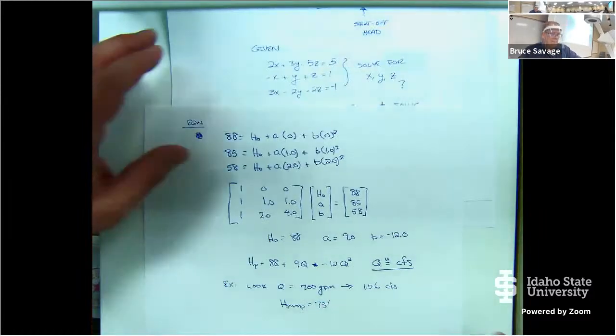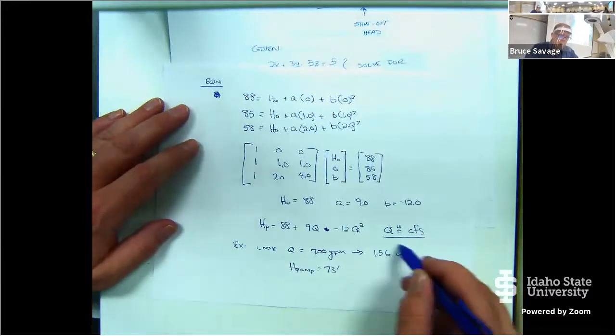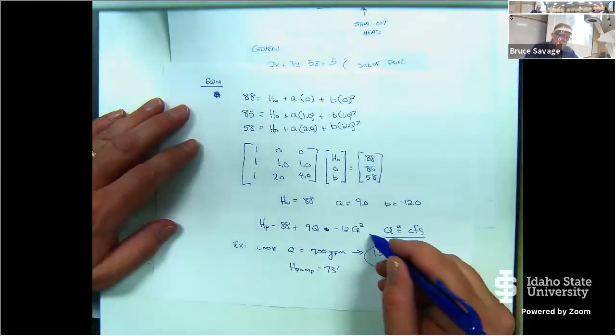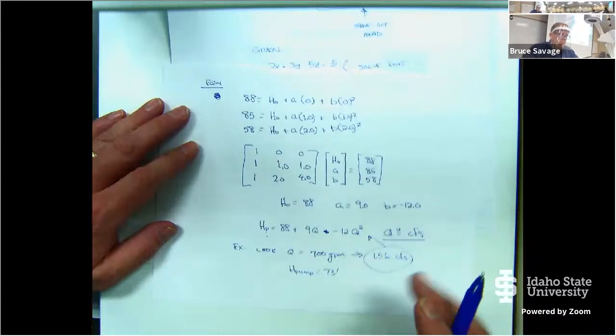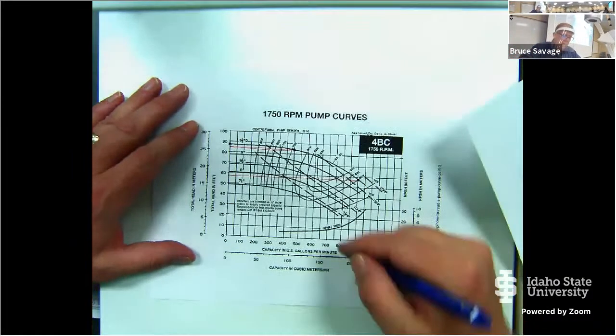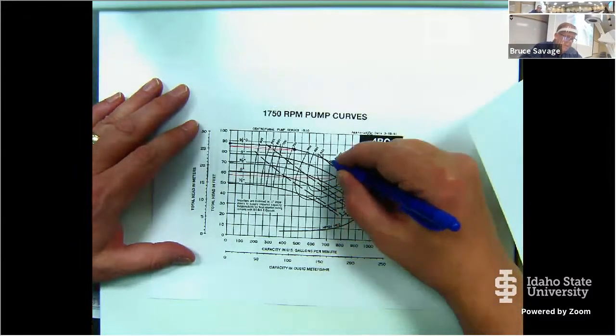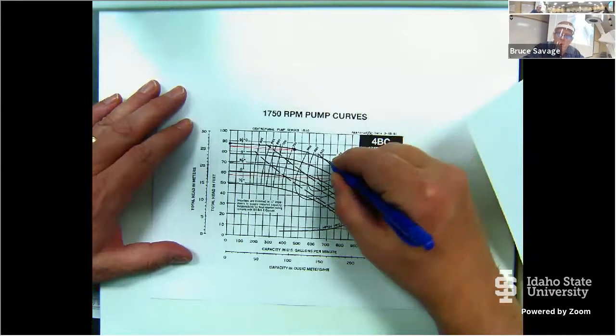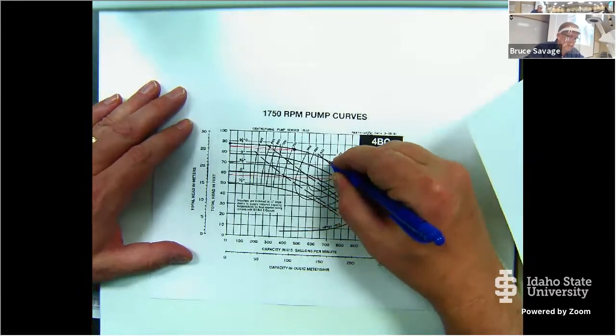Let's go back to our graph. So once again, I just plug this value into that equation up there for Q, solve for H sub P. I can come back over here to my graph and I say, all right, 700 right here. If I come up to 700 and pick that point right there, it should be close to, what did I say, 73?